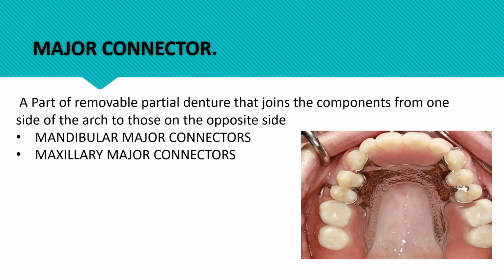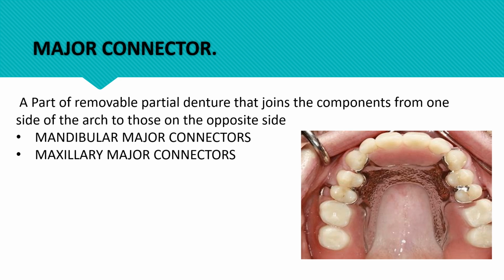Now we will be doing these components separately, starting from the major connector. So the major connector is a part of a removable partial denture that joins the components from one side of the arch to those on the opposite side. We have a mandible and a maxilla, so we could be making a maxillary RPD or a mandibular RPD.